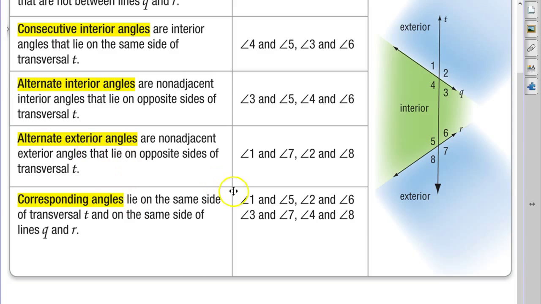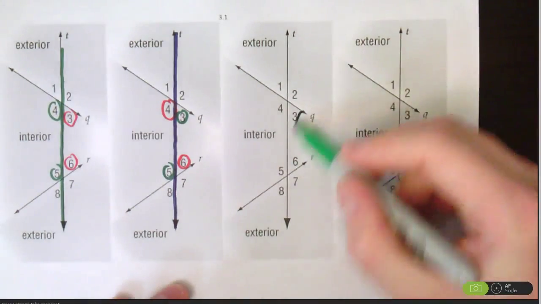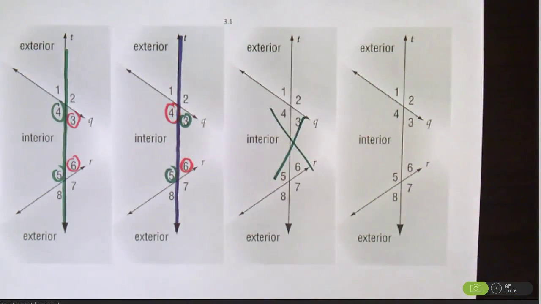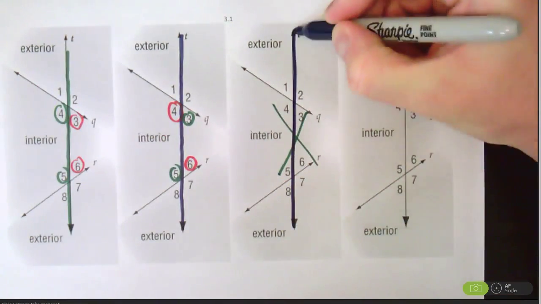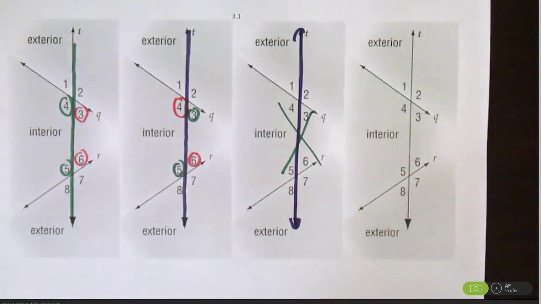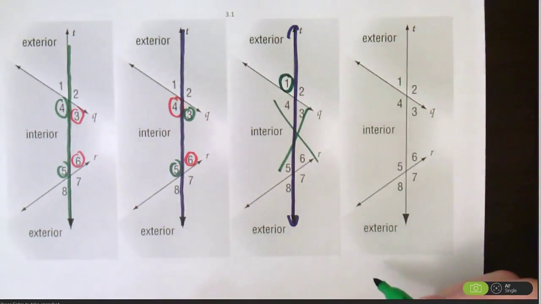Okay. Alternate exterior, same thing, but this time instead of being in the interior, they're in the exterior. So these are non-adjacent exterior angles that lie on opposite sides of the transversal. We're talking outside angles this time, so we get to ignore the inside. If I draw in my transversal T, we get 1, which is an exterior angle.